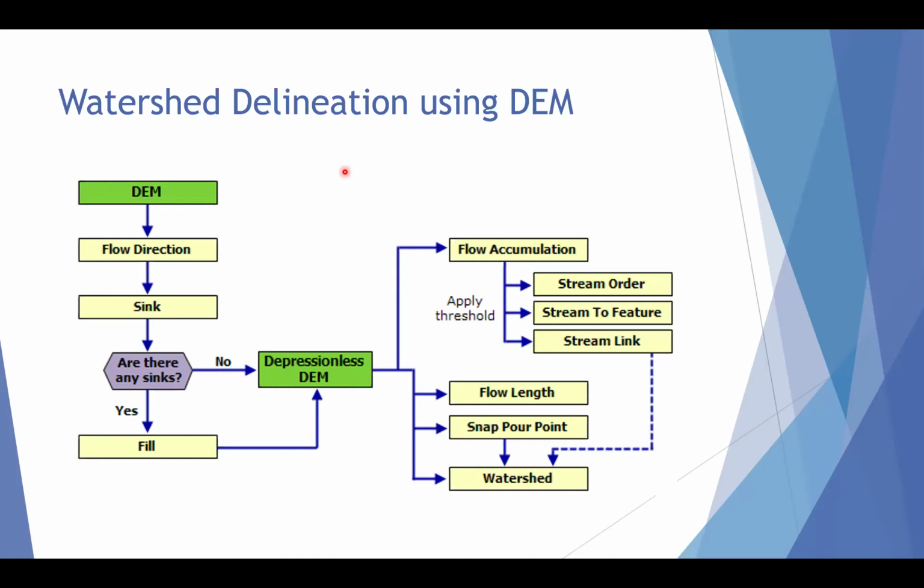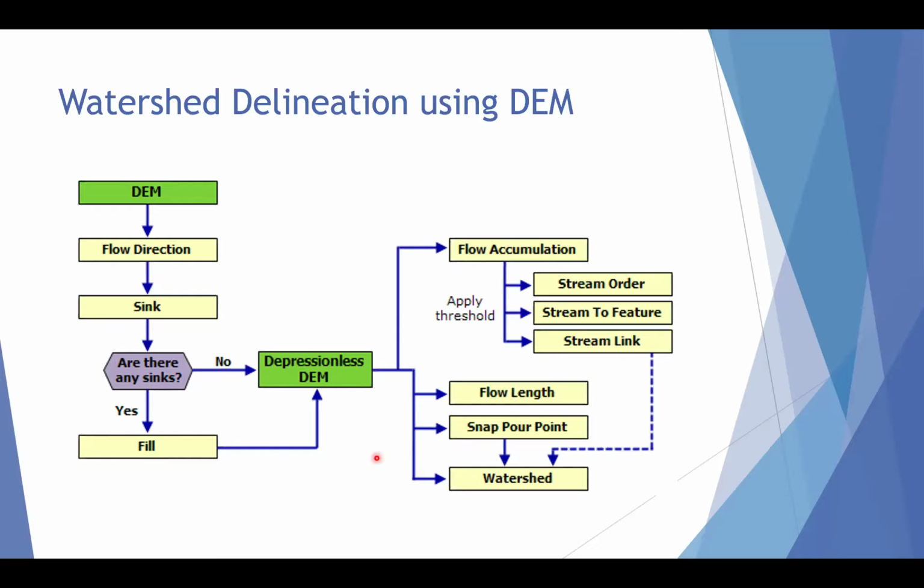So therefore, what we are trying to do is fill this in order to get the actual flow path or the flow direction. So first thing is you actually create a DEM which is called a depressionless DEM. Okay, so you have to have a separate step like filling this DEM.